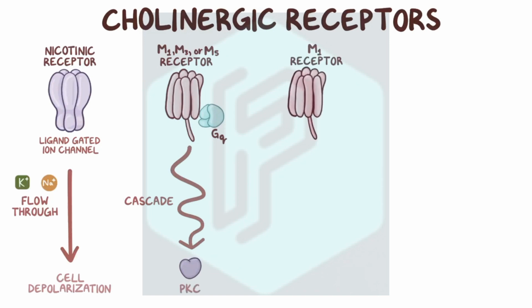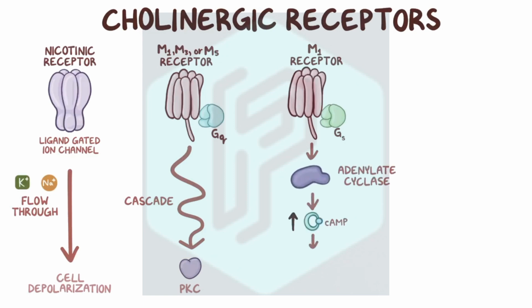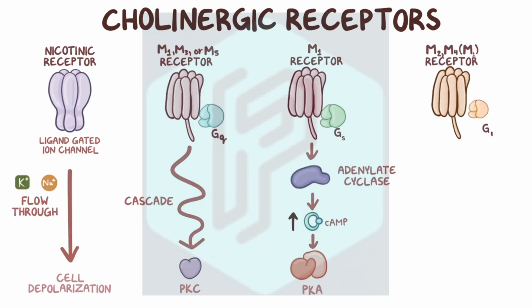M1 interacts to a small extent with GS, which stimulates adenylate cyclase to increase cAMP and activate PKA. And M2, M4, and to a small extent M1 interact with GI, which inhibits adenylate cyclase, causing a negative feedback on the effect of the protein GS.